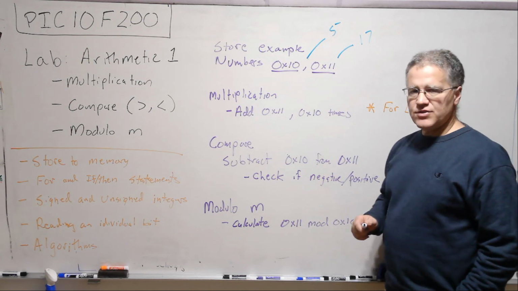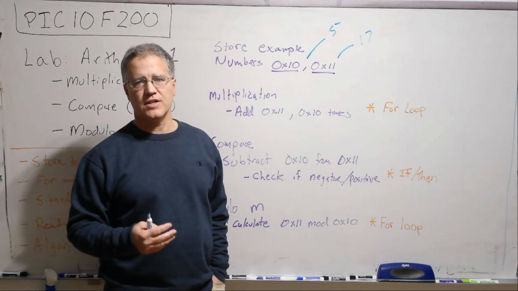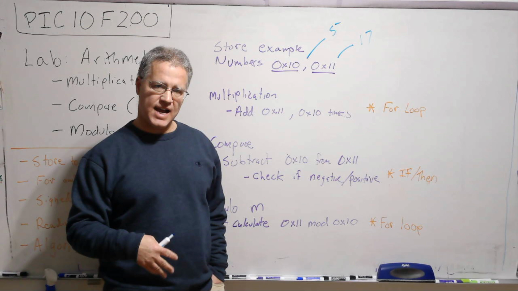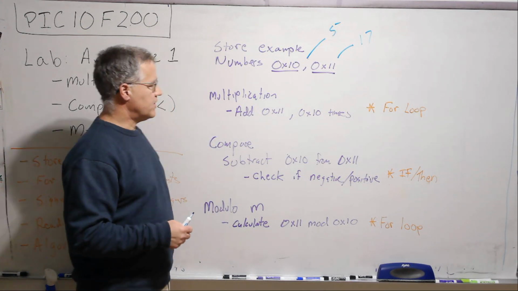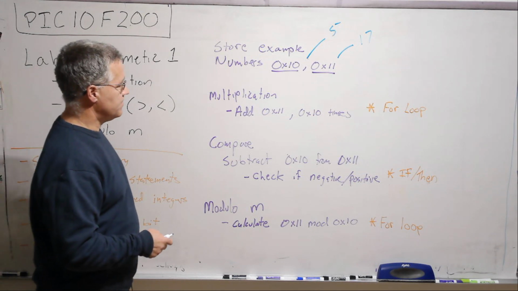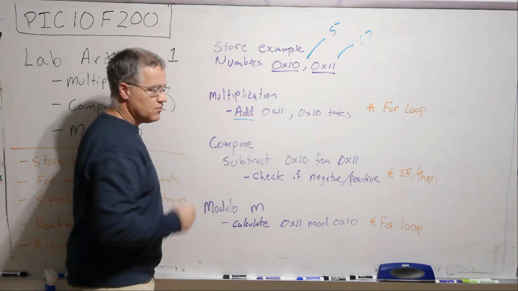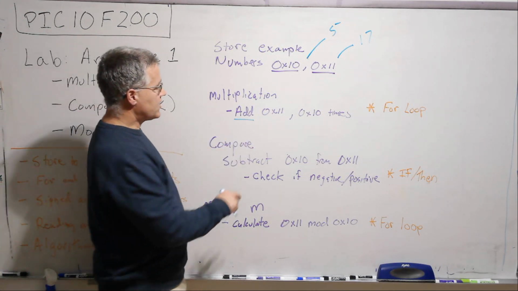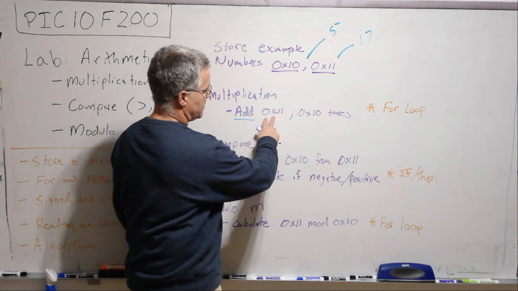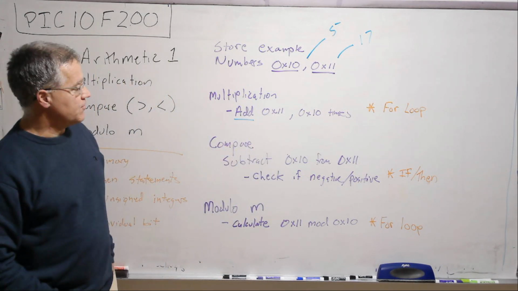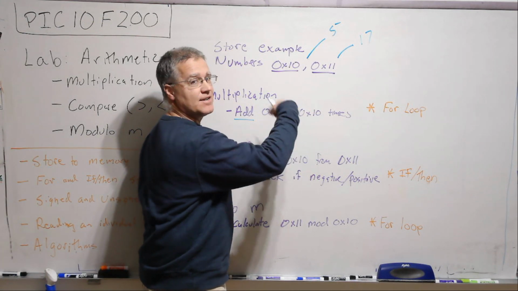All right, so how are we going to do this multiplication? We know with the instruction set for the PIC10F200, there isn't a multiplication. We have add and subtract, and we also have the AND and OR operators, but we don't have multiplication. So we actually have to use addition, and we will add the value stored in memory register 11 to memory register 10 a number of times.